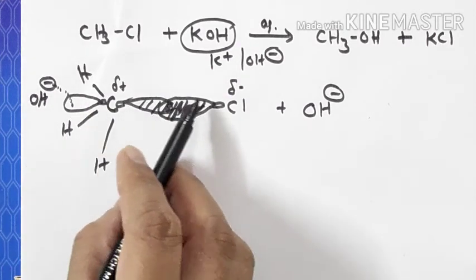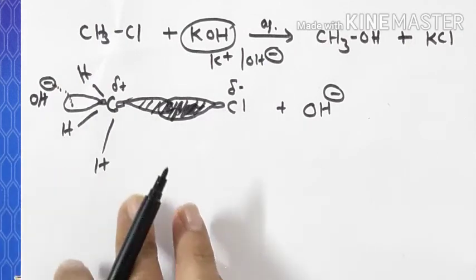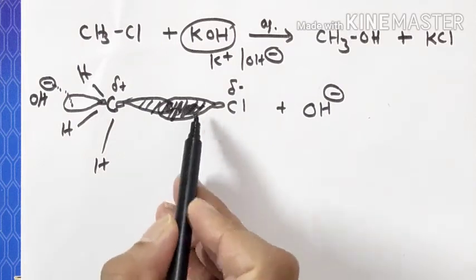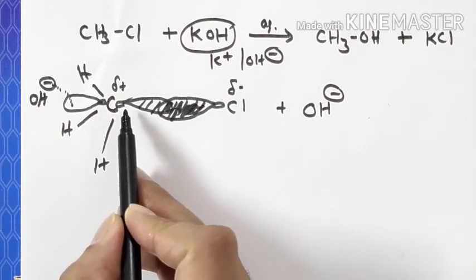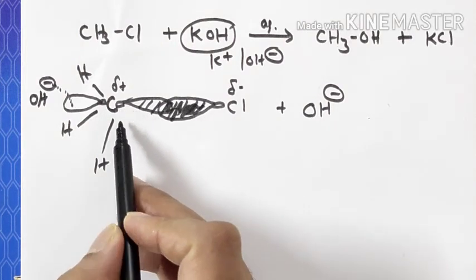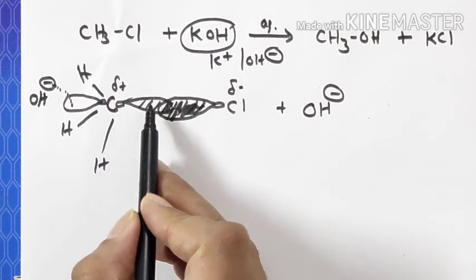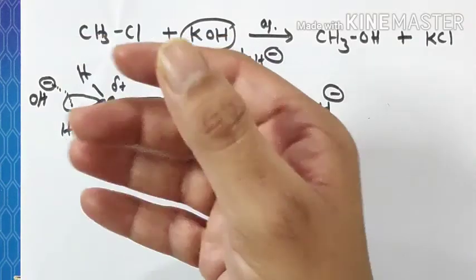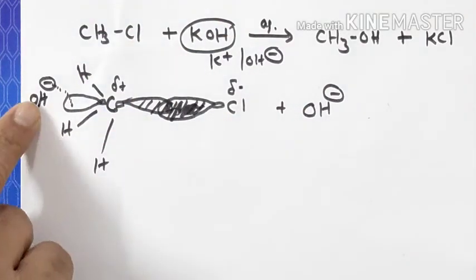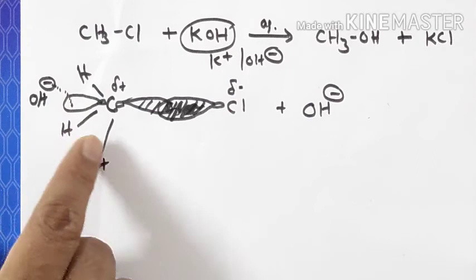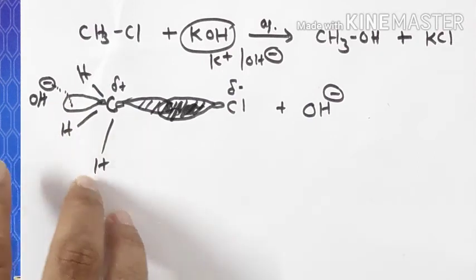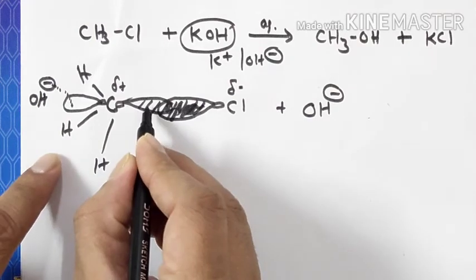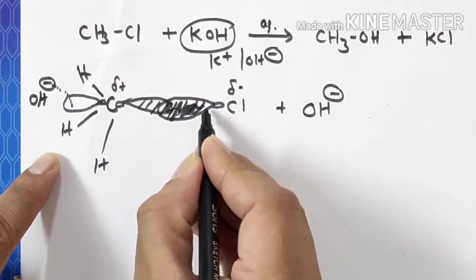Now this carbon is satisfied because it has the equivalent of 2 electrons. But as soon as this happens, the carbon has again become electron rich, and chlorine will pull some more electron. Suppose it pulls 20% now, so the OH is going to put 20% electron. Similarly, slowly and slowly, one electron is present in the carbon, and one electron is present.